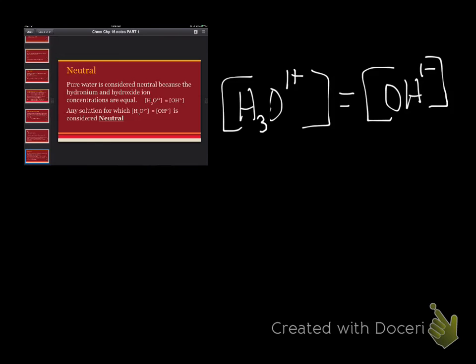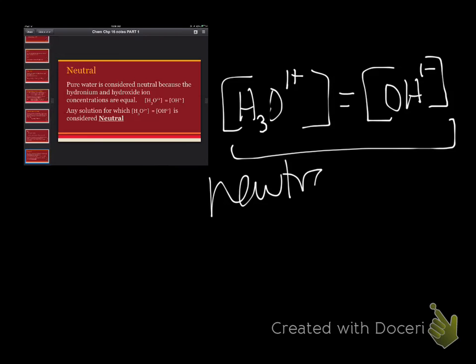So as long as a substance has equal amounts of hydronium and hydroxide, the substance is neutral. That's all neutral means, is that you have the same concentration per liter of hydronium and hydroxide ions. That's pretty simple. That's not terribly complicated.